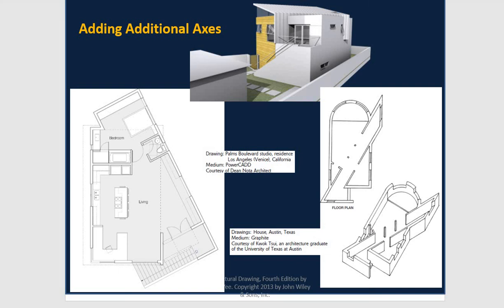Another example from this one, the floor plan, you need an additional axis. That means you do the floor plan first, and after that you have another axis for the floor plan. Beside the big floor plan, you have an additional axis so you can create that on the elevation.